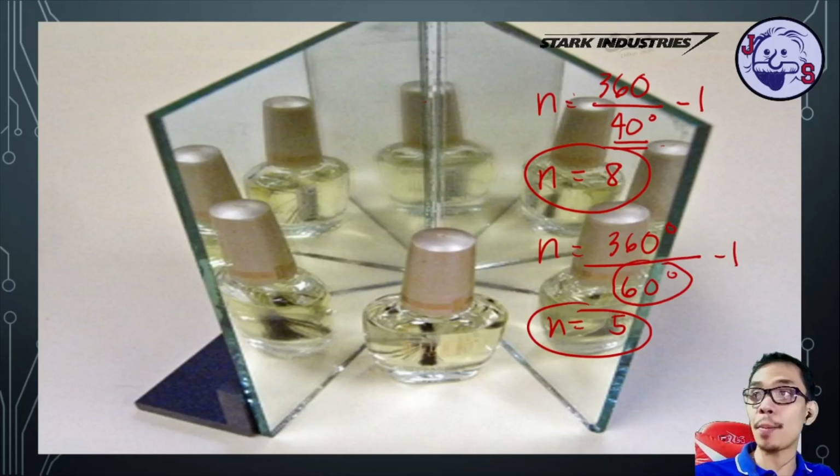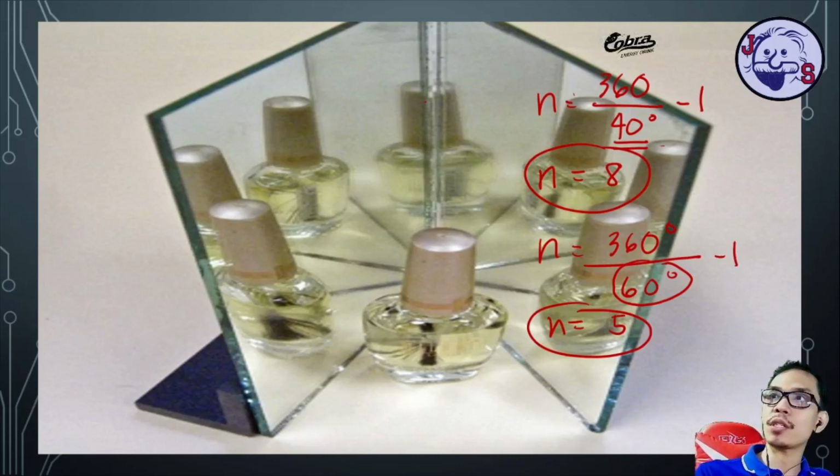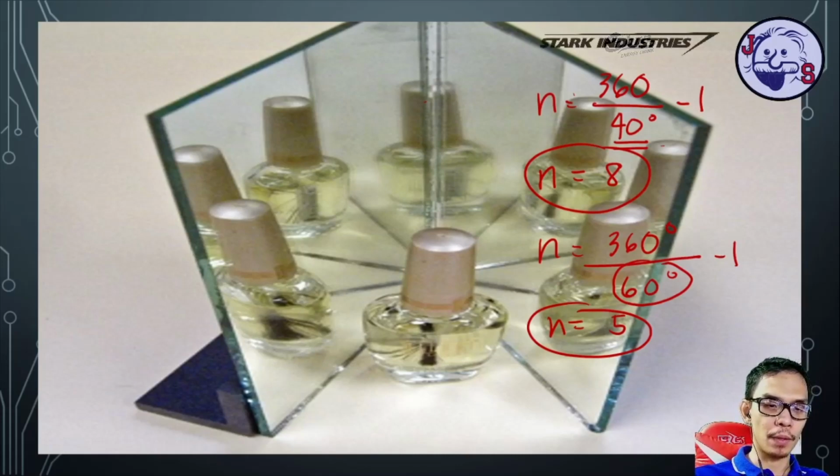So 50 is 7.2. Minus 1, it's still 6. How about 55? That will be 7, that will be 6 as well.